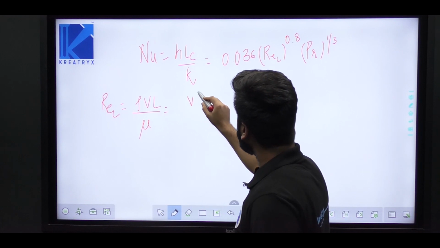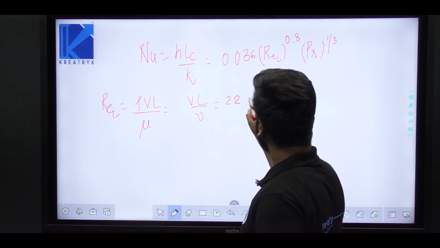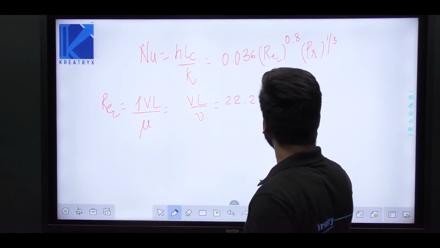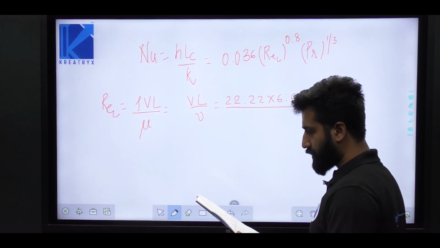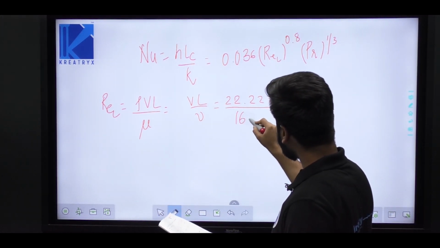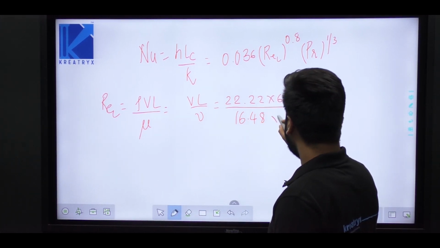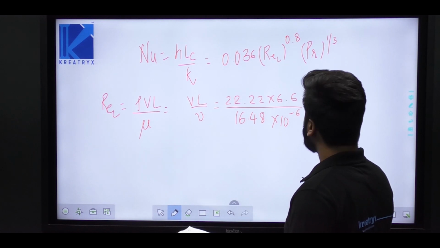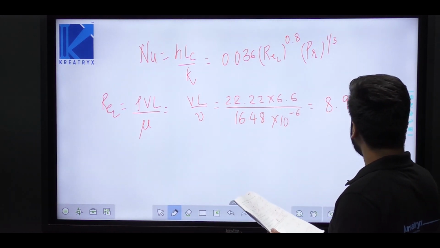That is V L by nu. So V is 22.22, L is 6.6, and nu is 16.48 into 10 raised to the power minus 6. So the Reynolds number is 8.9 into 10 raised to the power 6.